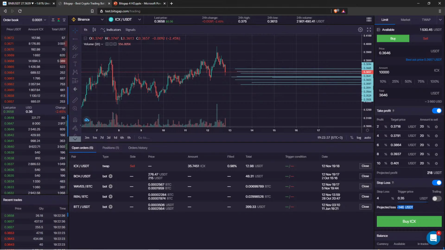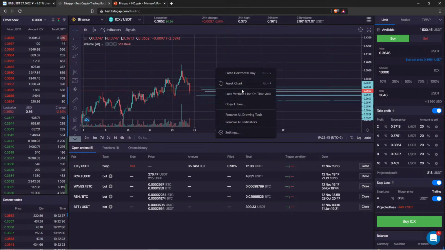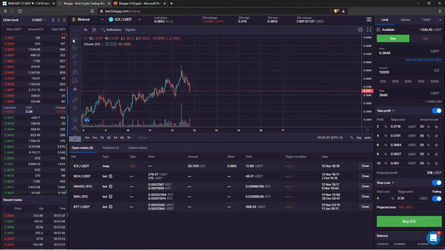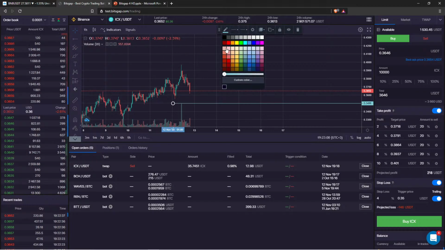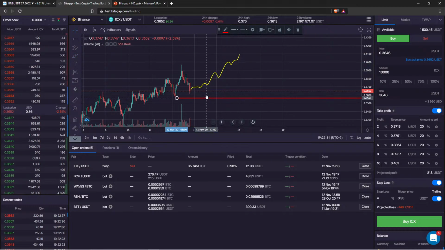So most importantly, you can now enable a trailing instrument which will follow the market. So let's say you've opened the trade somewhere over here. So you purchased icons at the current price, and you set your stop loss somewhere around here. Let's make it red, and let's actually make it wider. So imagine the price starts moving higher, and as it keeps rising, this stop loss will follow the market rise.